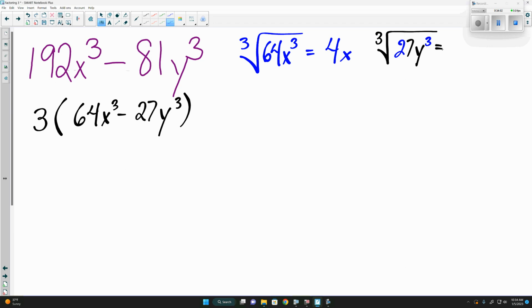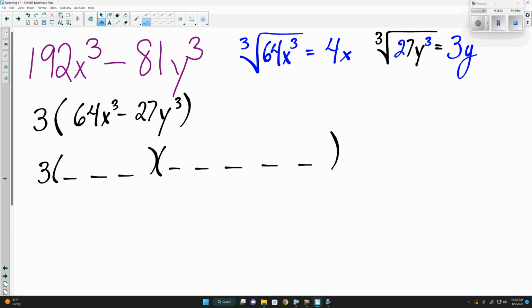Cubed root of 27y to the third is going to be 3y. Now, just as a reminder, when we do any factoring and pull out a greatest common factor, it does need to be included in your answer.